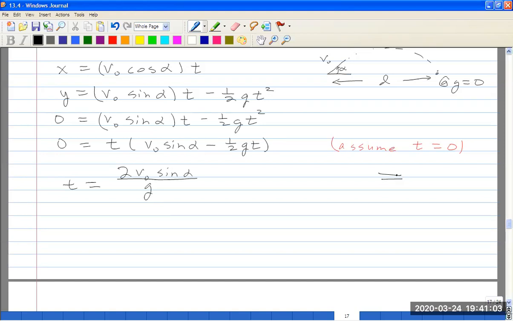And so D, the distance you have to travel, is v0 cosine theta times t, which we said was 2 v0 sine alpha over g.